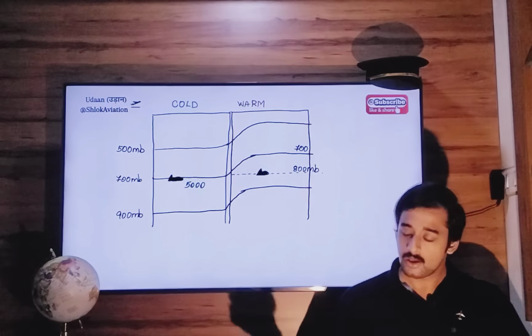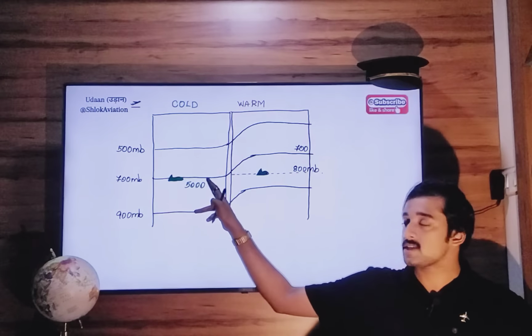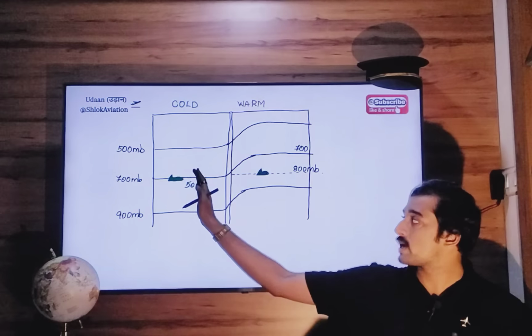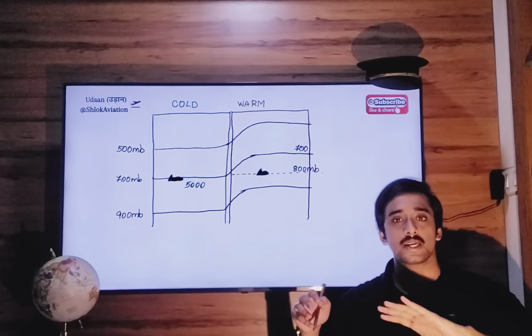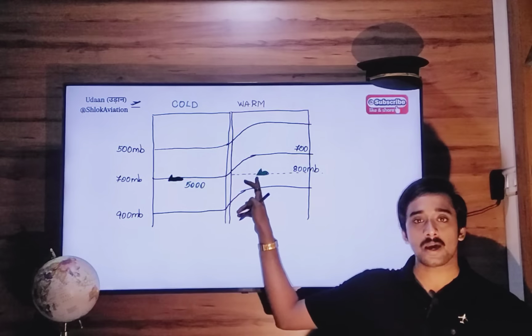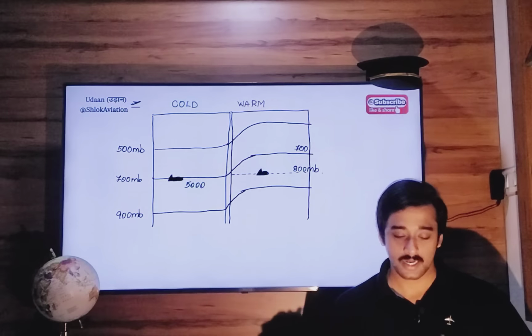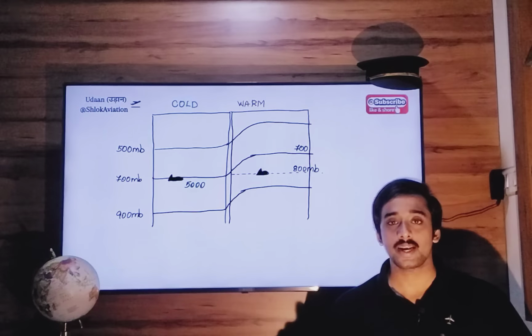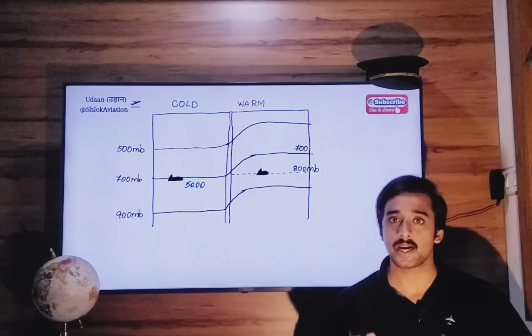So what will happen when you are flying at 700 millibar here? Your altimeter was indicating 5000 feet. Now you are flying straight and level. You are not climbing. You are not descending. But when you enter the warm air mass, suddenly your altimeter captures the 800 millibar pressure level. So the altimeter indication will be proportional to that 800 millibar.